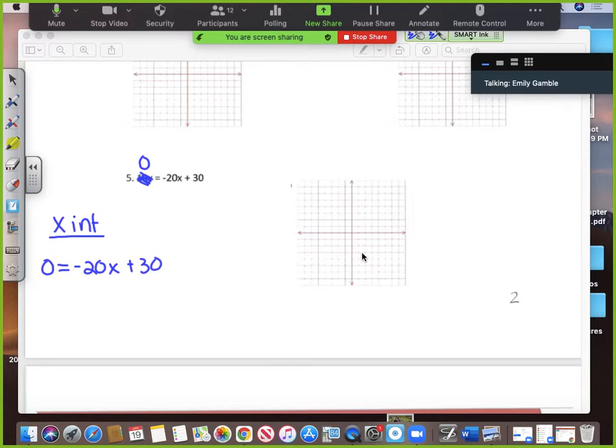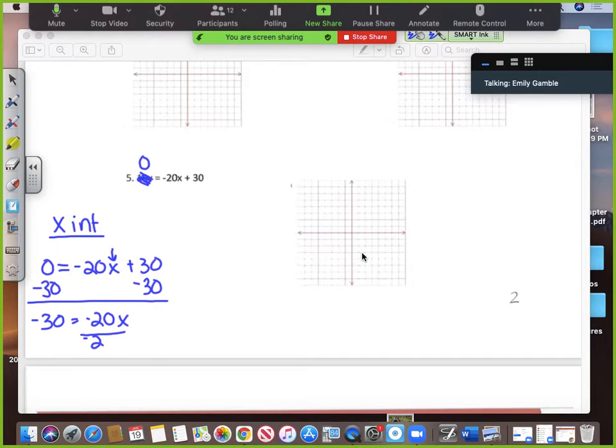This equation was not set up the way the other ones were, because the other ones were in standard form, so that when you set one of them equal to 0, you automatically had an equation that was like this times x equals a number. This one, you actually have to solve it a little bit. To solve this for x, we would subtract 30 from both sides, and we would get negative 30 equals negative 20x.